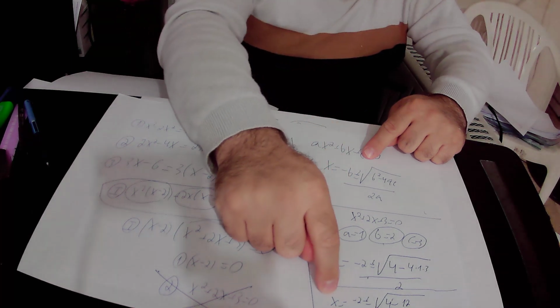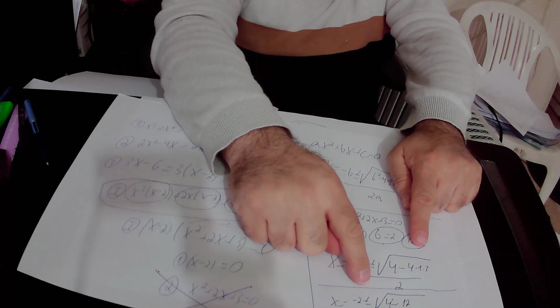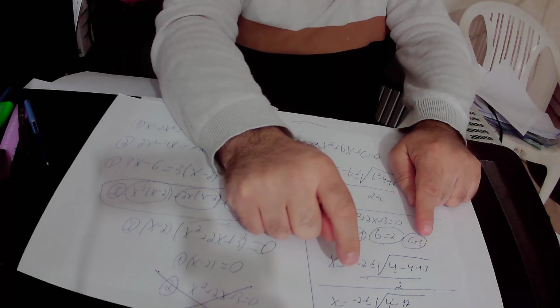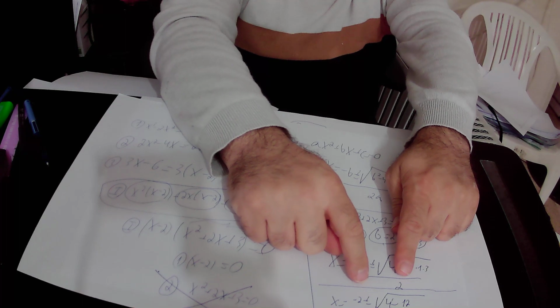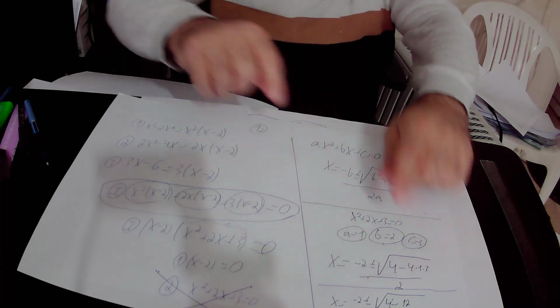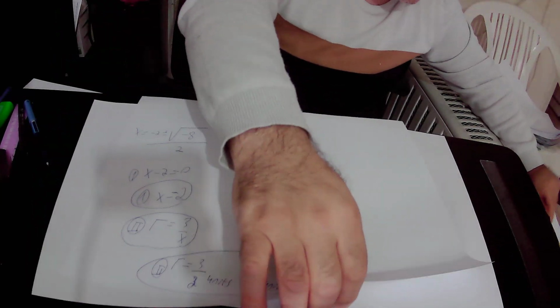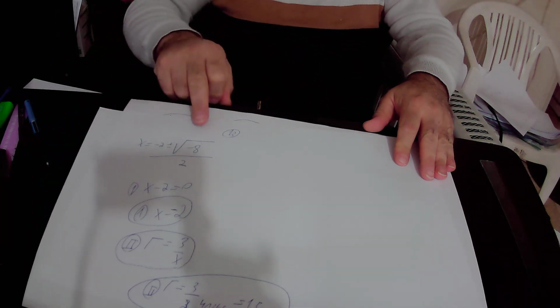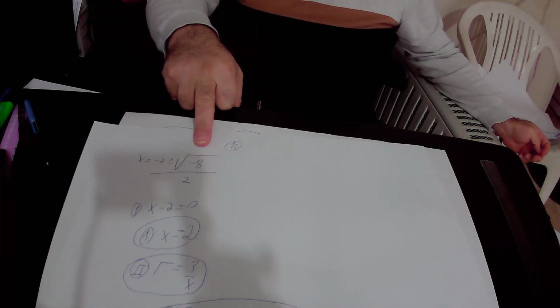So we got that x equals to minus 2 plus minus square root of 4 minus 4 times 1 times 3, which is minus 12, over 2. And 4 minus 12 is minus 8. So we got that x equals to minus 2 plus minus square root of minus 8 over 2.